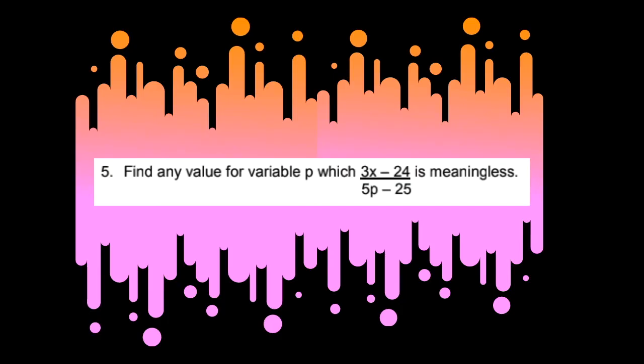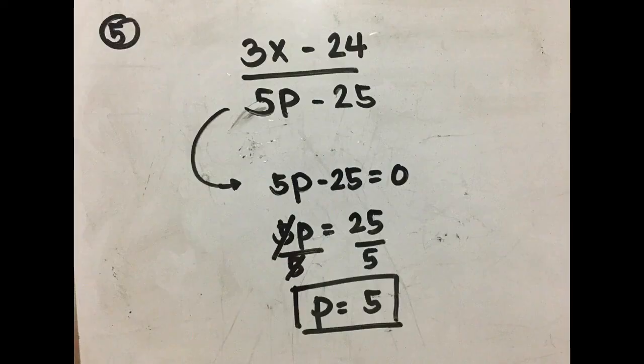Number 5. Find any value of variable p for which 3x minus 24 over 5p minus 25 is meaningless, or in other terms, undefined. Again, forget about the numerator and focus on the denominator. Let's take the denominator 5p minus 25 and set it to 0.